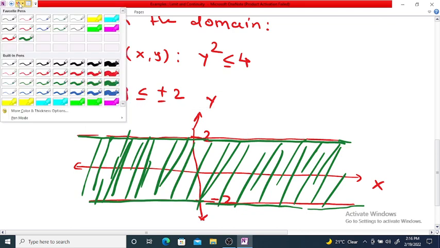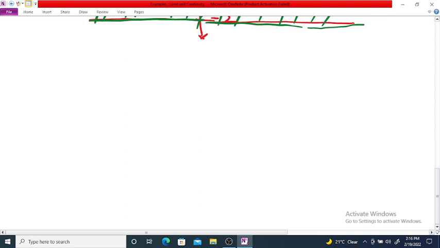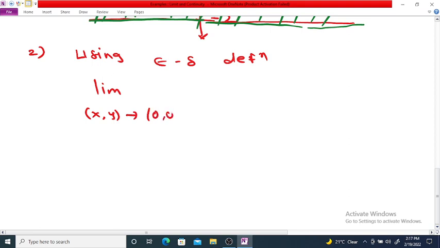Next, example number 2. Using the epsilon delta definition, prove that the limit as x, y tends to 0, 0 of the square root of mod of xy is equal to 0.